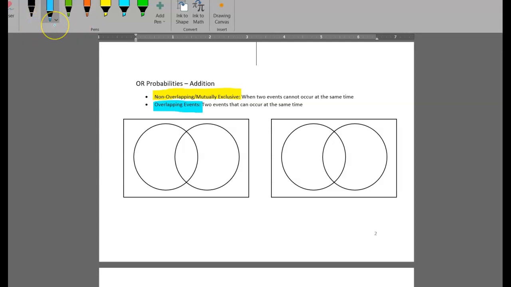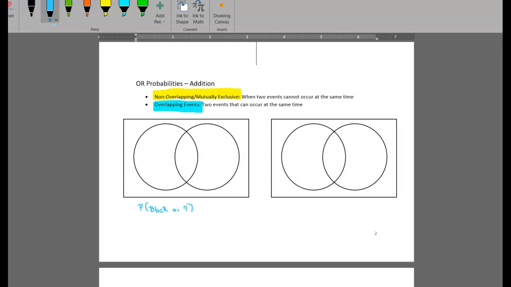So when we do overlapping events, the idea of having a Venn diagram is kind of a nice visual for us. So let's suppose that we want to find the probability of picking out a black card or a 7 card. So out of a deck of cards, a black card or a 7.